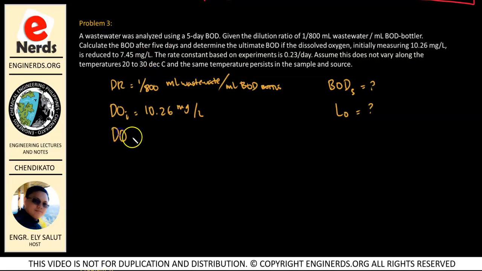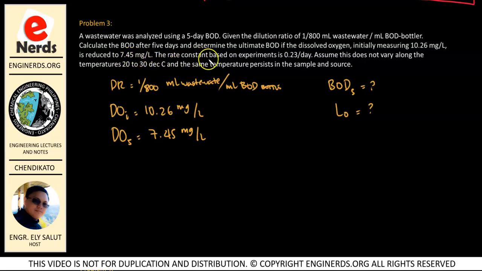So our DO after 5 days is equal to 7.45 milligrams per liter. So, after incubation ng 5 days, our DO has been reduced to 7.45 milligrams per liter.